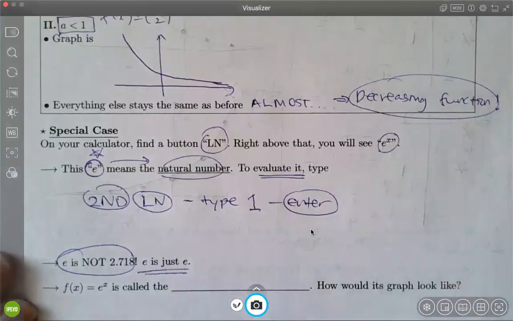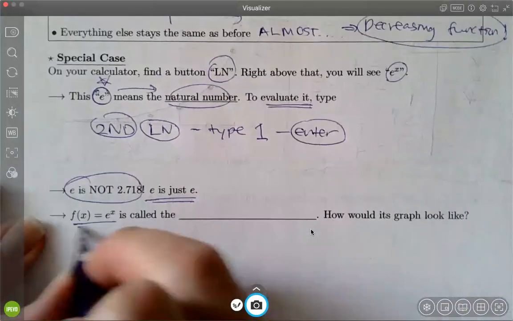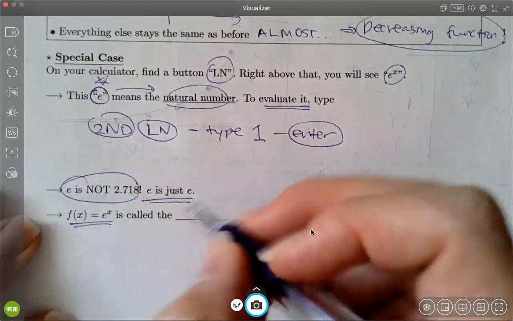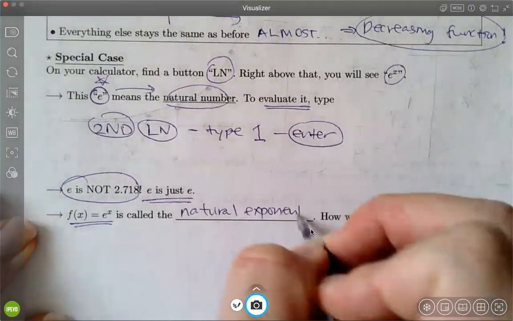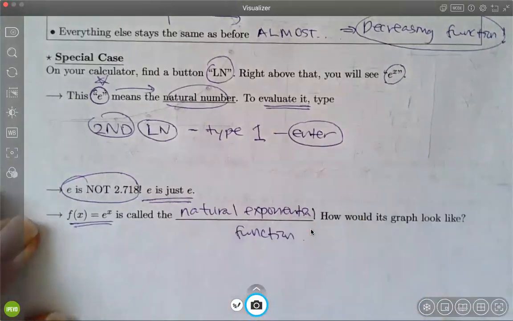E is not 2.71 or 2.7 or 2.72. E goes forever. Now, when this e becomes the base of the exponential function, we say it's the natural exponential function. Why? Because the base is the natural number.